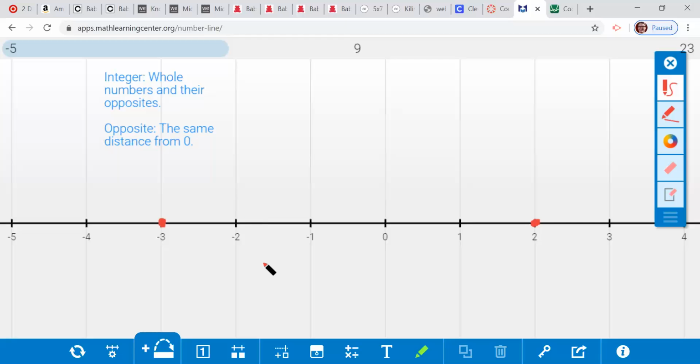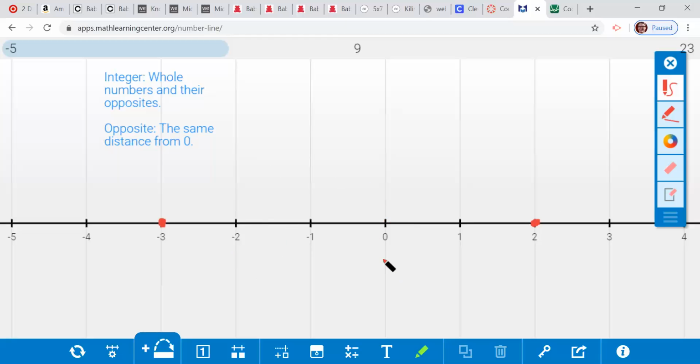Using a number line, we can also measure the distance from a point on our number line to 0. So if we're taking a look at this number line, I have 2 points plotted, one at negative 3 and one at positive 2. To find the distance between our point and 0, we have two strategies.